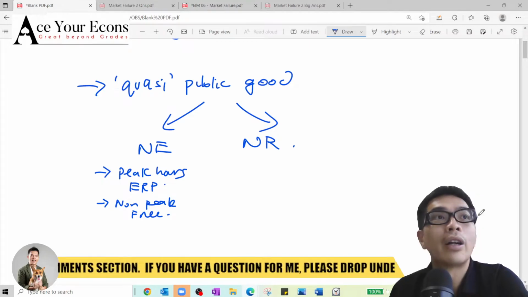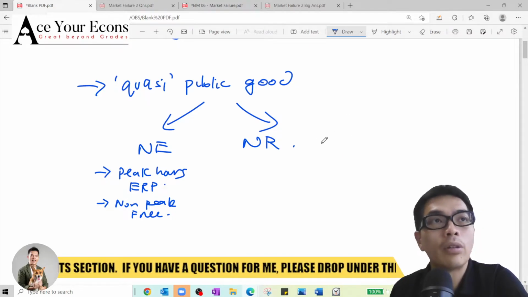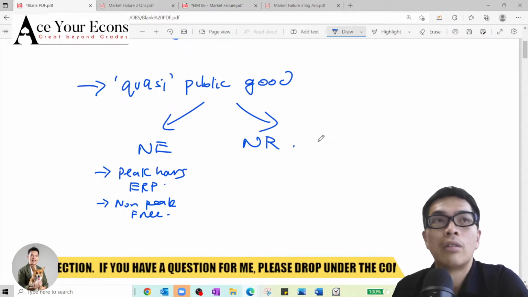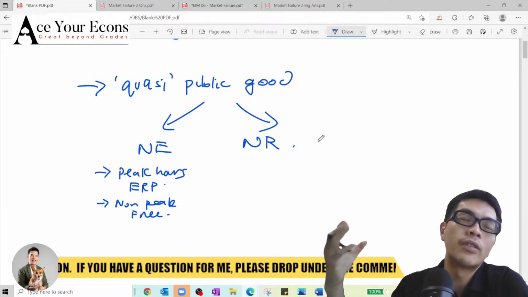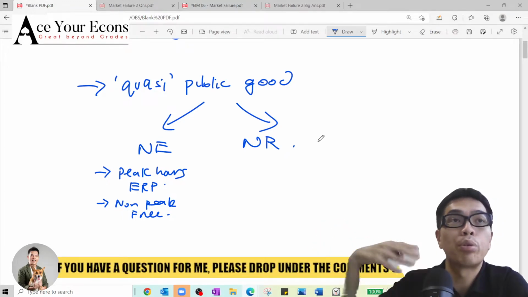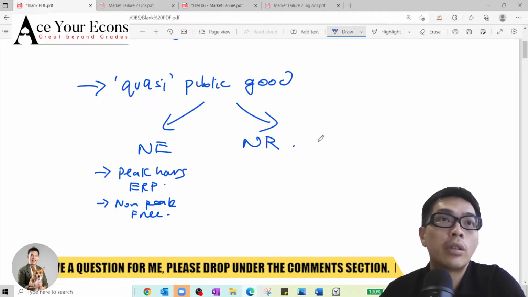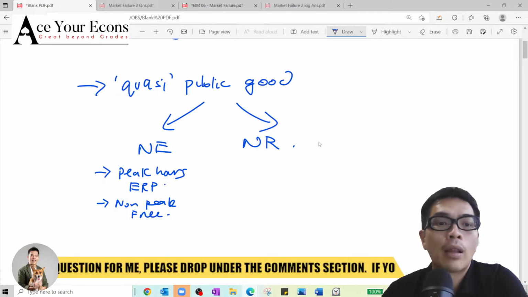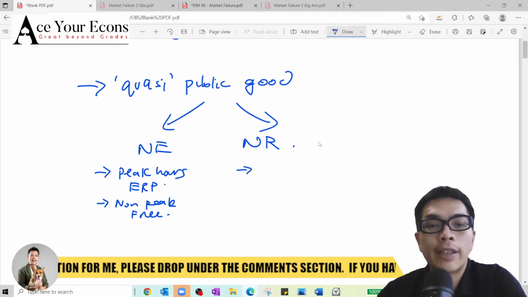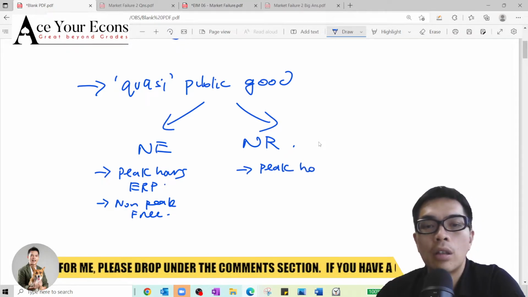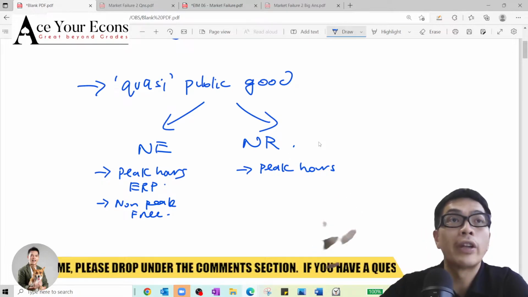What about non-rivalrous? Is a public road rivalrous in consumption? Will the consumption of the road by one motorist deprive the others in terms of quality and quantity of the road available? So same, we can go through this process. Peak hours will result in what? Traffic jam, right?